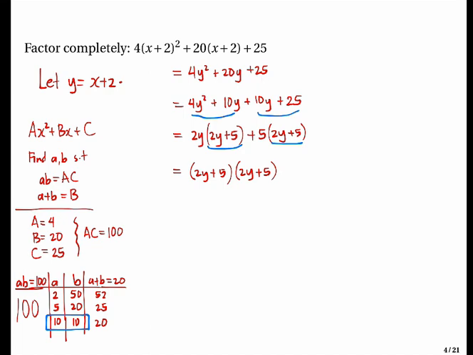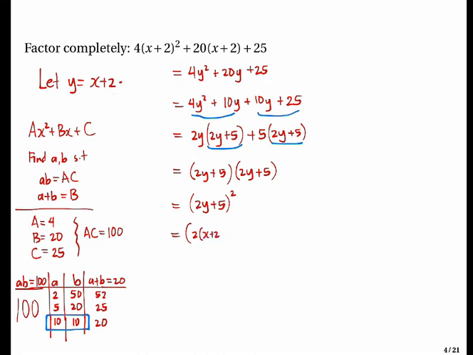So if we rewrite this, we can write this as 2y plus 5 quantity squared. Now, if we bring back the variable x, we will get 2 times y, which is x plus 2 here.